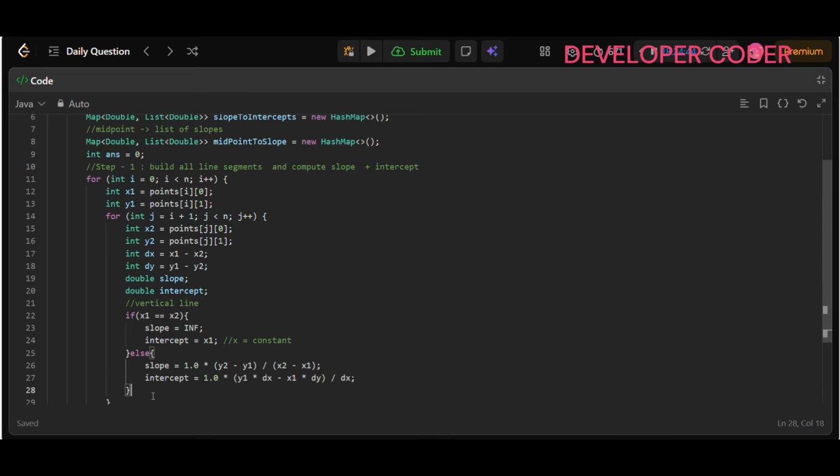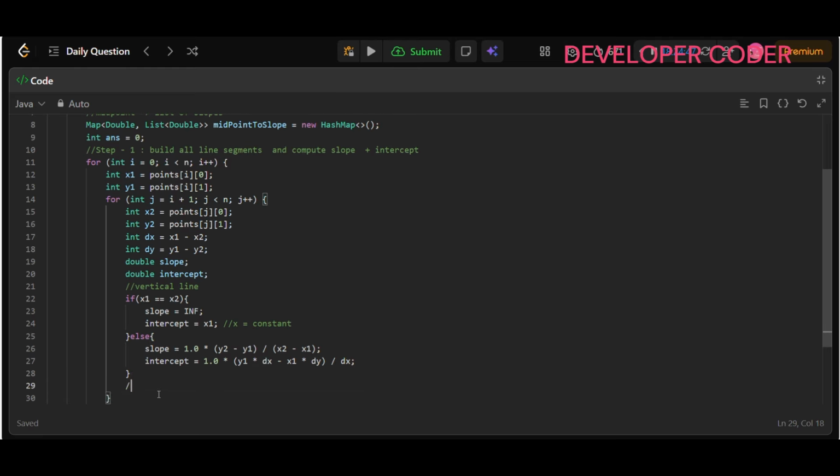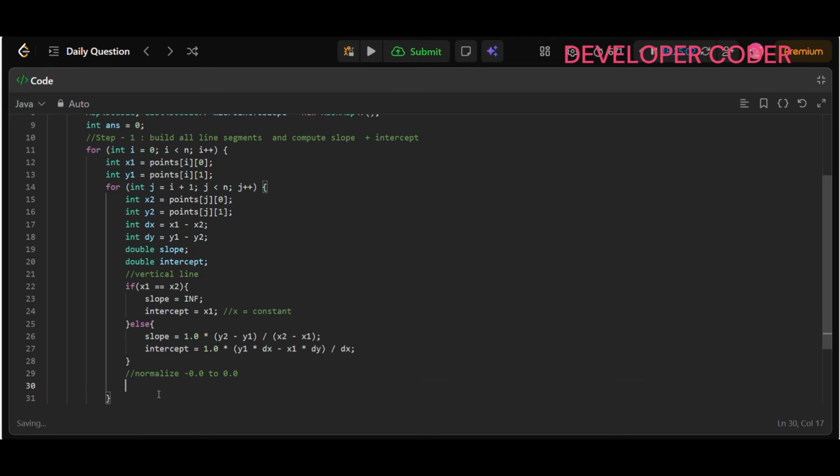Now, in the code I was saying many times to just normalize it. If you get a, b, c values as negative zero, just normalize them. Normalize means that if I get minus 0.0, I can simply write it as 0.0. We can normalize this too. So if slope is equal to minus 0.0, then you write slope is equal to 0.0.